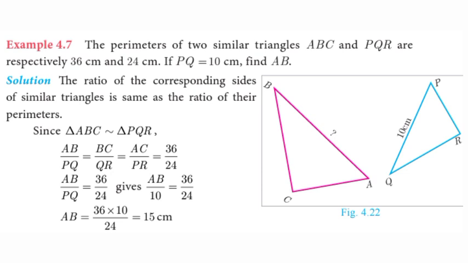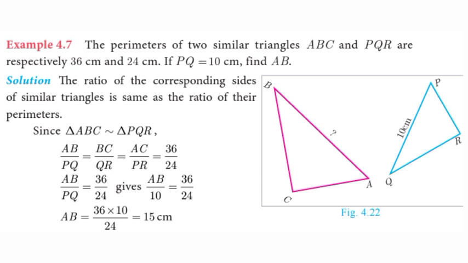AB divided by PQ equals BC divided by QR equals AC divided by PR, that equals the perimeter ratio 36 divided by 24, because that is the given condition. The corresponding side ratio and perimeter ratio are the same.